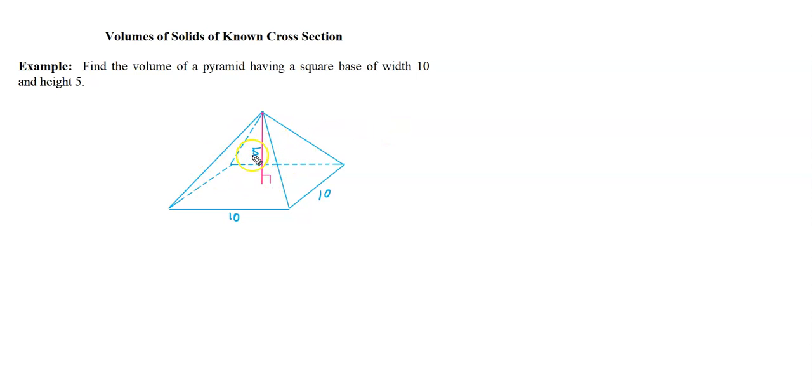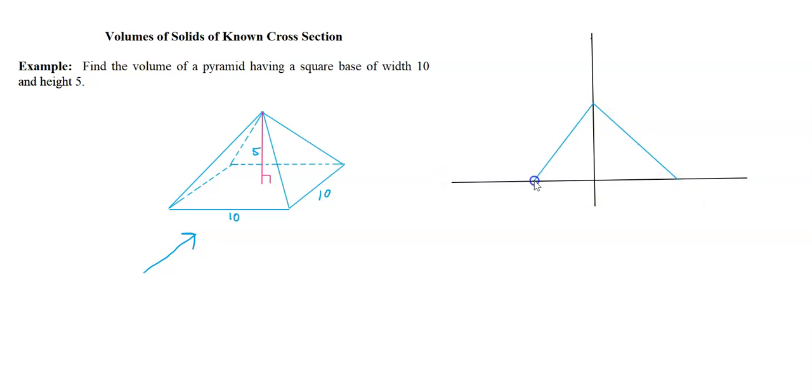So let's take a side-on view of this pyramid. If we look from the side like this, notice that our pyramid will look something as follows. So here's a side-on view of our pyramid drawn with respect to the x and y axes. Now let's notice this. If we take this shape and slice it up into thin rectangles, one typical rectangle would look like this.